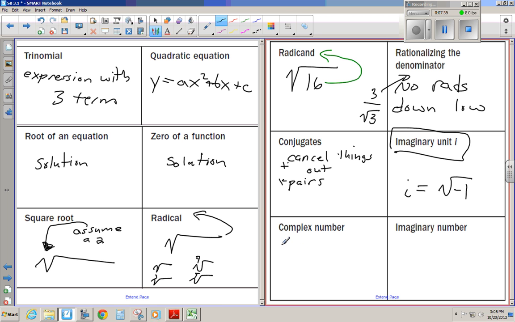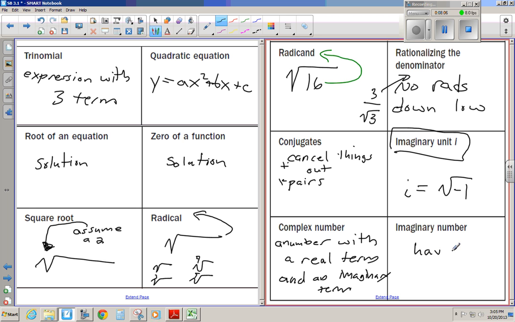A complex number is a number with a real term and an imaginary term. Imaginary numbers have i in it.